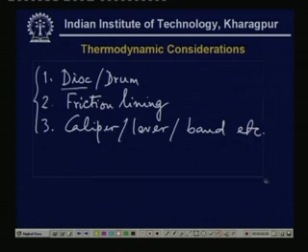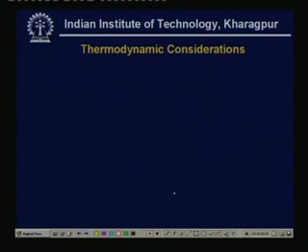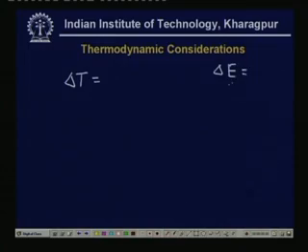We know that the temperature rise, if delta T is the temperature rise, is related to the total heat lost, and remember the total heat lost will be equal to the total energy dissipated, and we have calculated that total energy is equal to the change in kinetic energy of the translating part plus the change in potential energy plus the change in kinetic energy for the rotating part.